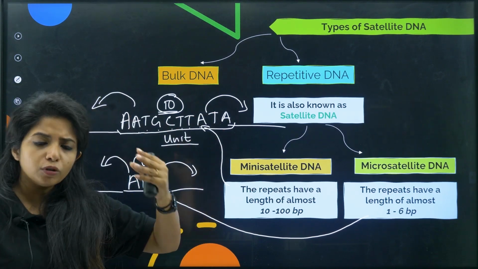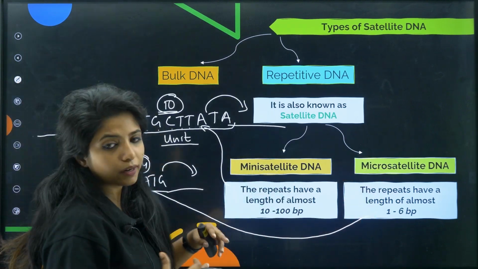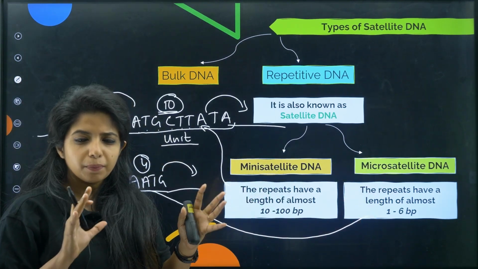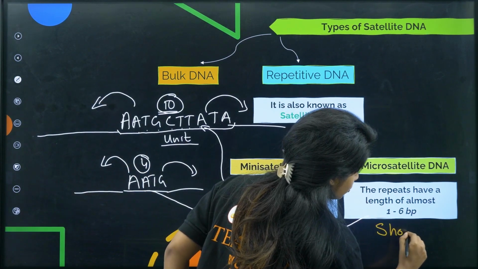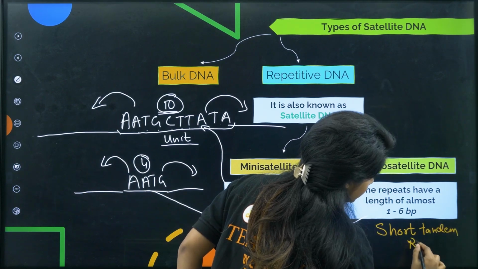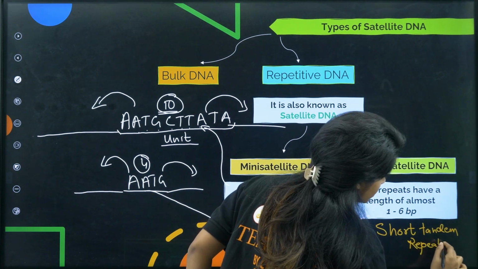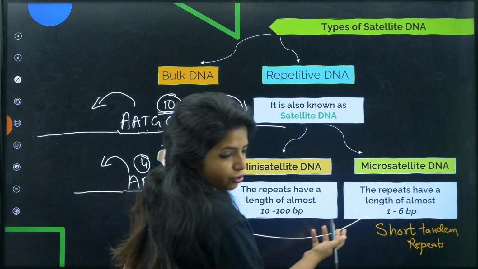Now, you have a bit more scientific term for it. I won't say this is exactly known as this, but you have to understand that sometimes people say microsatellites are short tandem repeats. Tandem as in it is happening continuously, that is why it is known as tandem. And short, they are shorter, right?